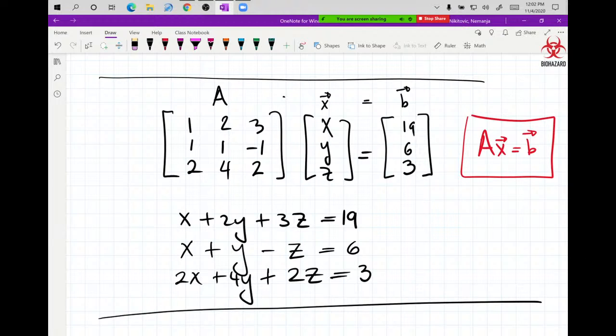Now let's take a look at the system. If you are faced with a system of equations, instead of cranking it down by hand, you can immediately write your system as a matrix and then run your calculator if you have the TI 83, 84, or one of those TIs.